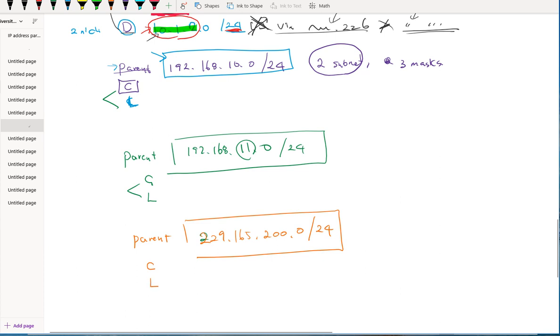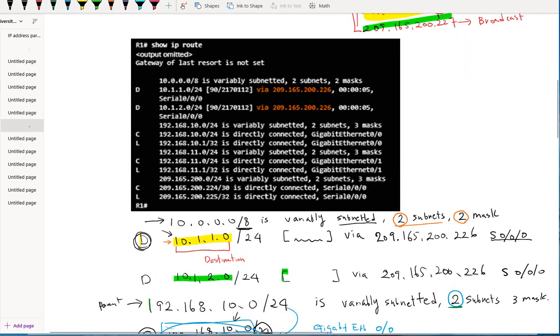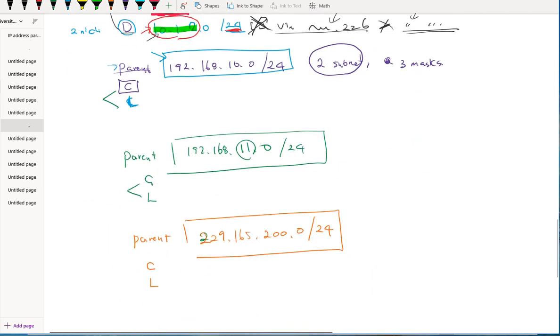Okay? For the directly connected network C, basically you have /24. For the directly connected network, you have 192.168.10.0/24. This is the network, right?